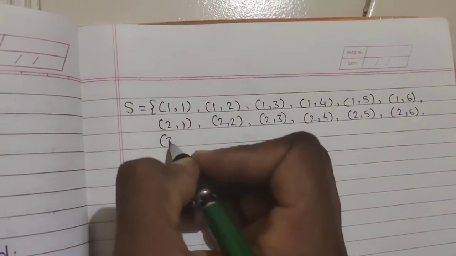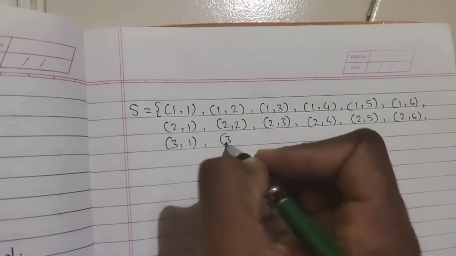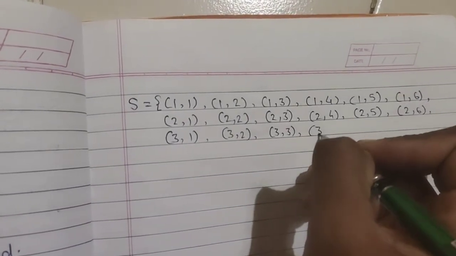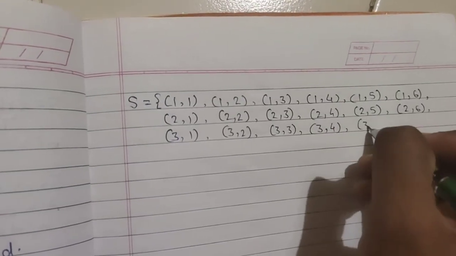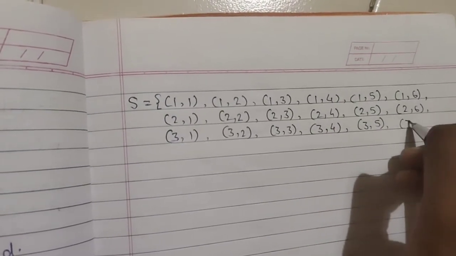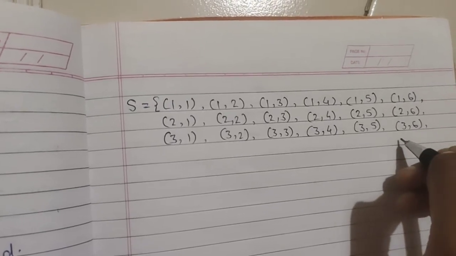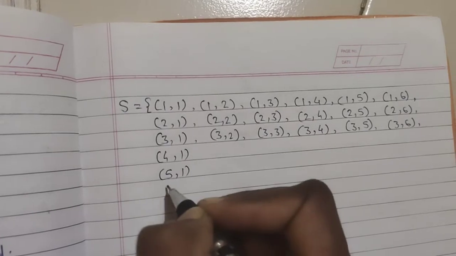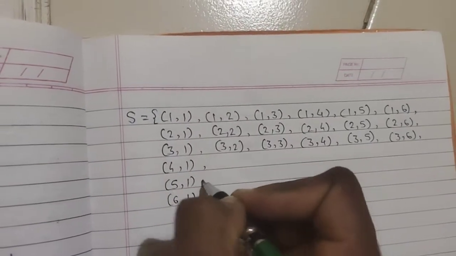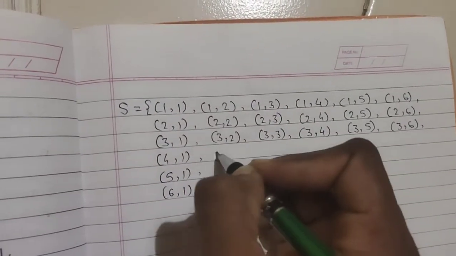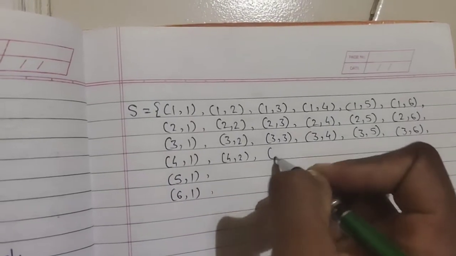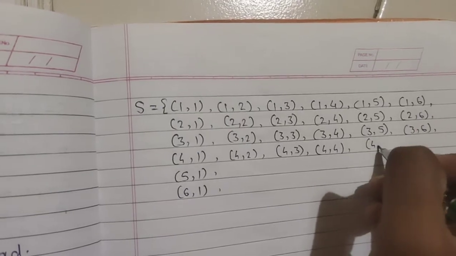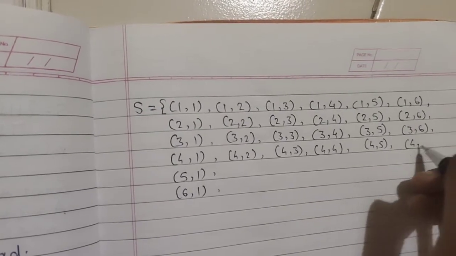Now we will do for 3. So 3 1, 3 2, 3 3, 3 4, 3 5, 3 6. In this way you will continue for 4, 5 and 6. For 4, 4 1 is already there. 4 2, 4 3, 4 4, 4 5, 4 6.